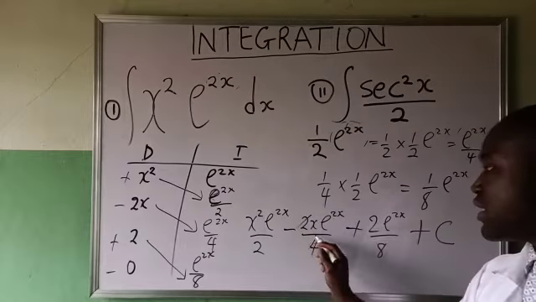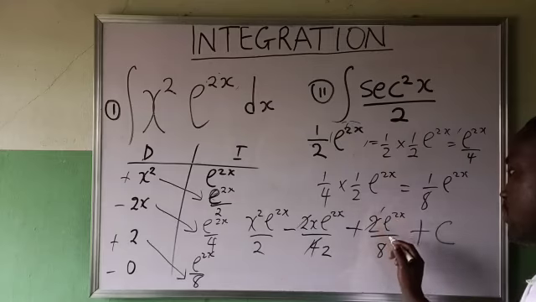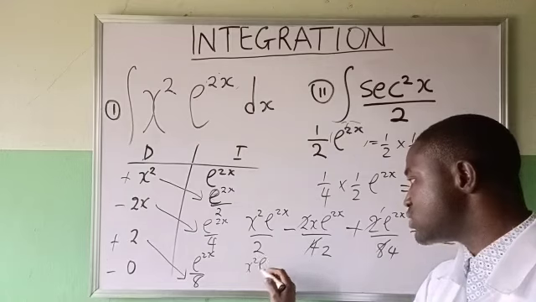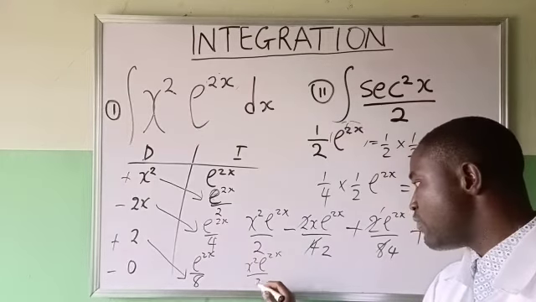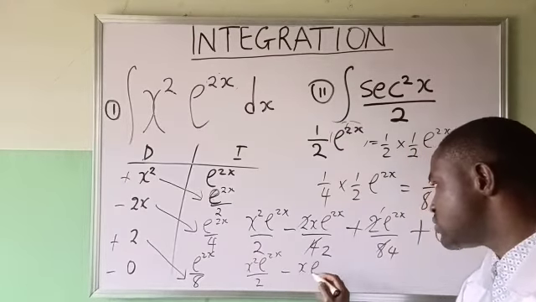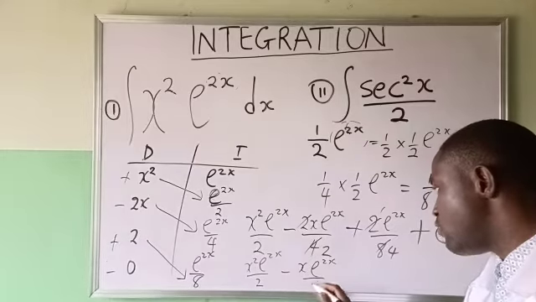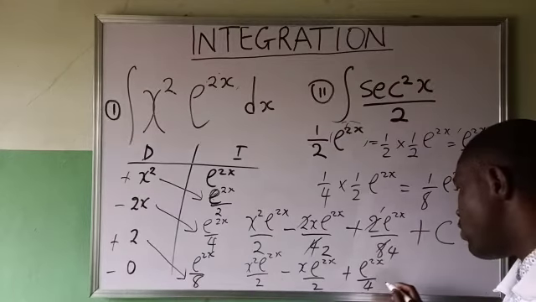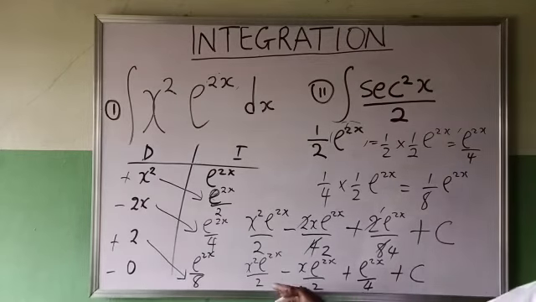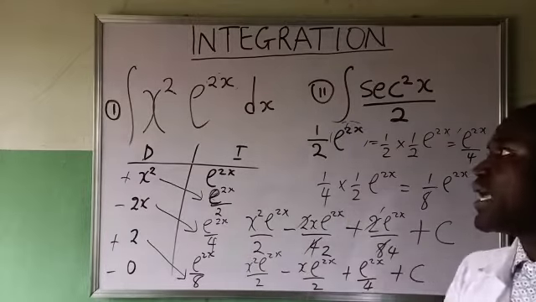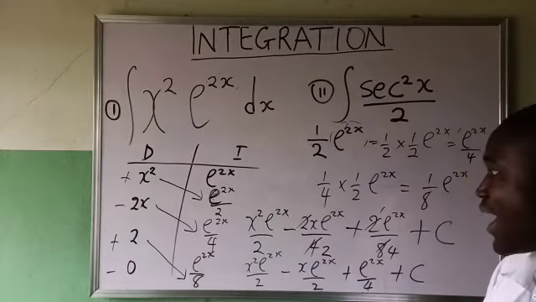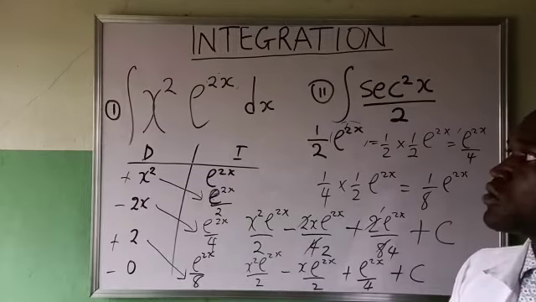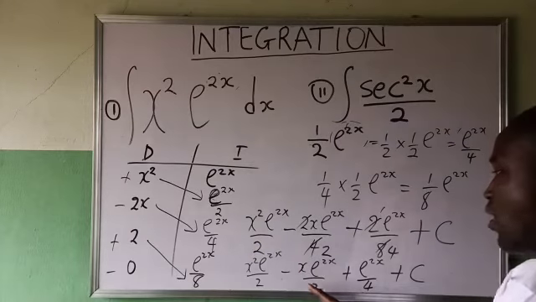Reducing to its lowest terms, you will have x squared exponential 2x all over 2 minus x exponential 2x all over 2 plus exponential 2x all over 4 plus c. So this is the answer you will get when you use the shorter method. Why I decided to use this shorter method is that if I solve it using integration by parts, I will get this.